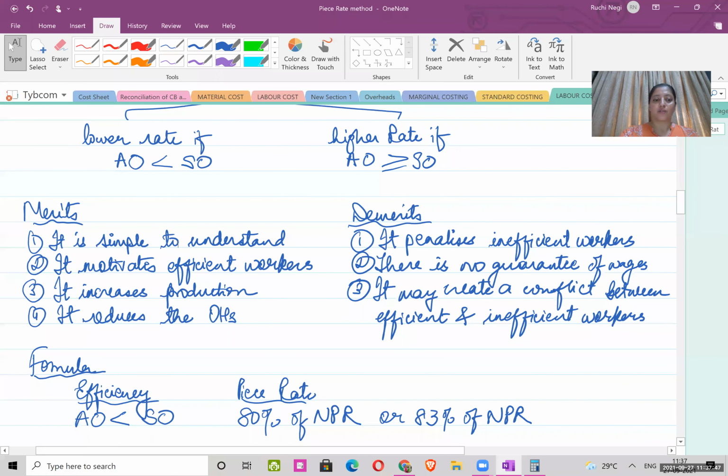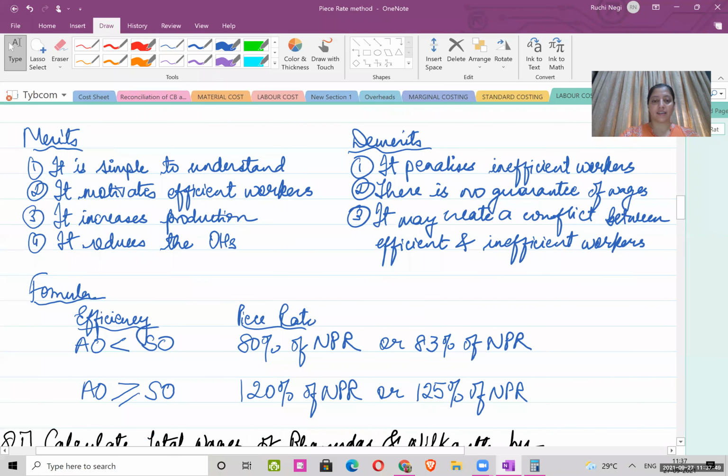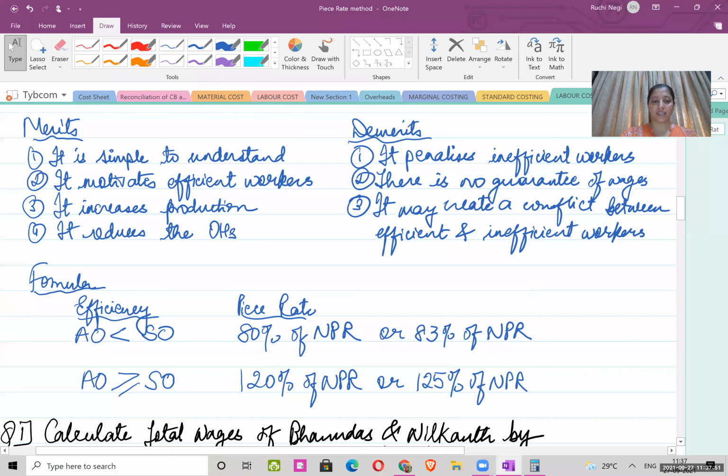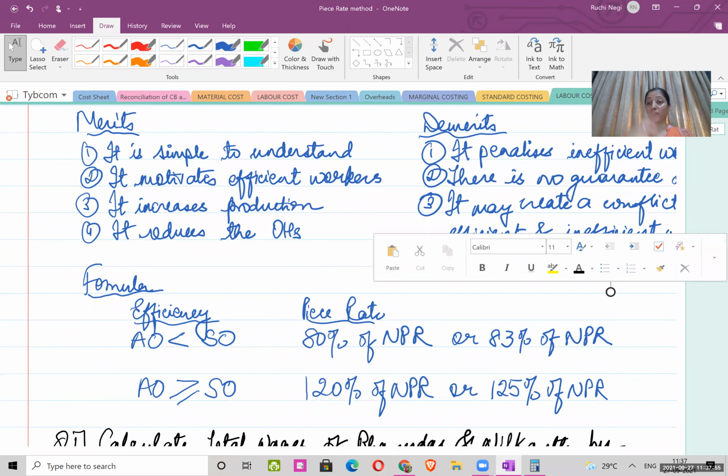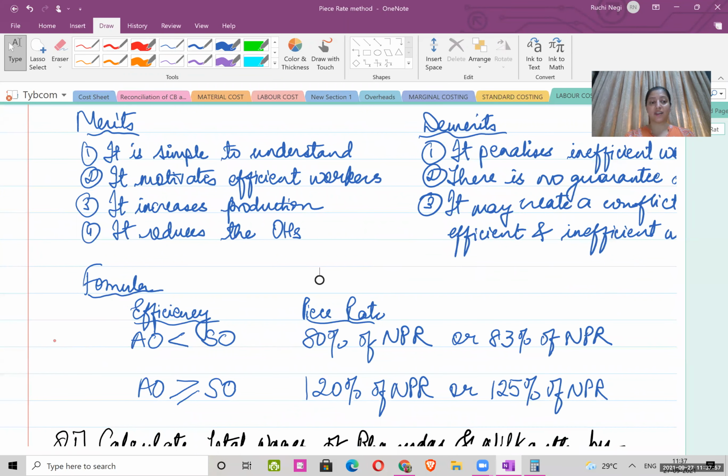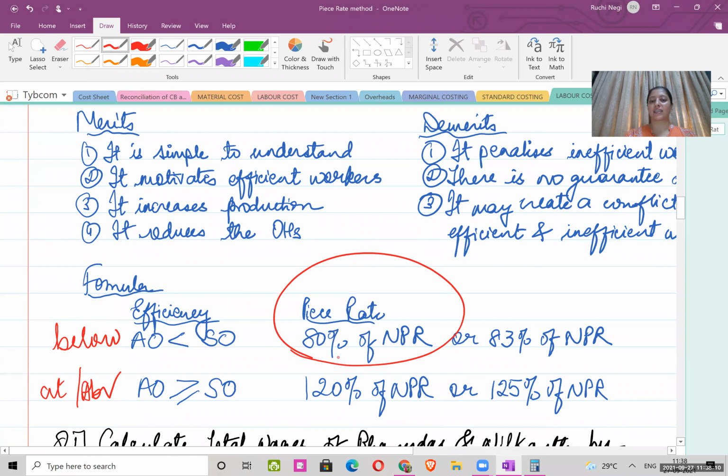So this is the formula given by Taylor. Taylor says that if you are working below standards, if your actual output is less, this is for those below, and this is for those at or above. So actually there are two applications: one says 80% of NPR and one says 83% of NPR.